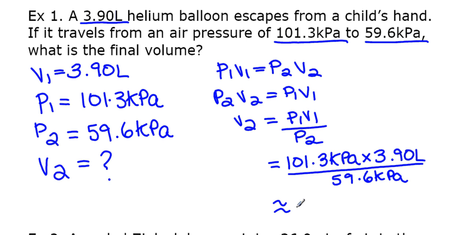Then I need to round to 3 significant digits. When I punch this in my calculator, I should get about 6.63 liters. So that's one example of a problem using a gas law. Let's try out another one.